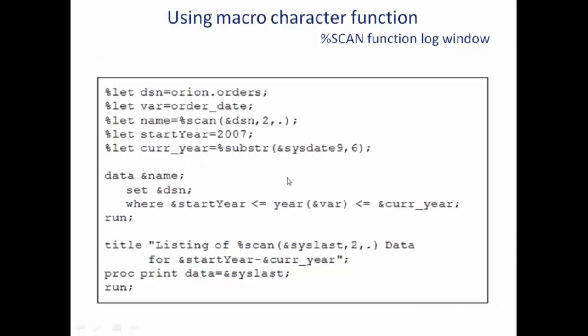This is the same program which we discussed, but written standalone on a slide. Again we are referring to oran.orders, name using the scan function, the start date, and the current year with the substring function, and after that in the title we are referring to the scan. Clear?